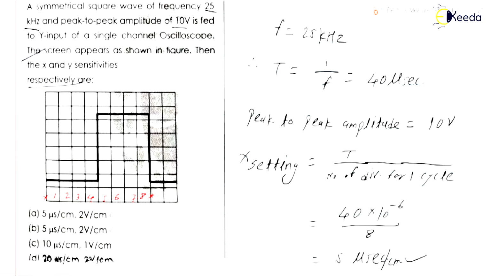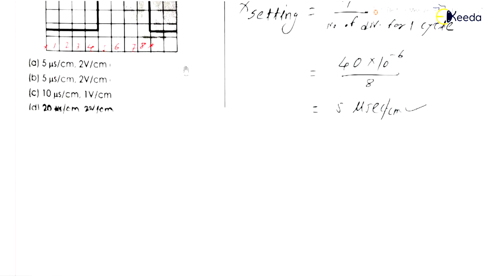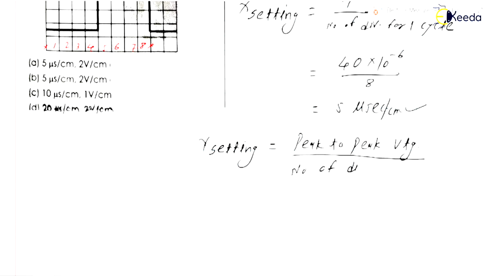Similarly we can find the Y setting. So Y setting is equal to the peak to peak voltage divided by the number of divisions. So here we need to take the vertical divisions. What is the peak to peak voltage?